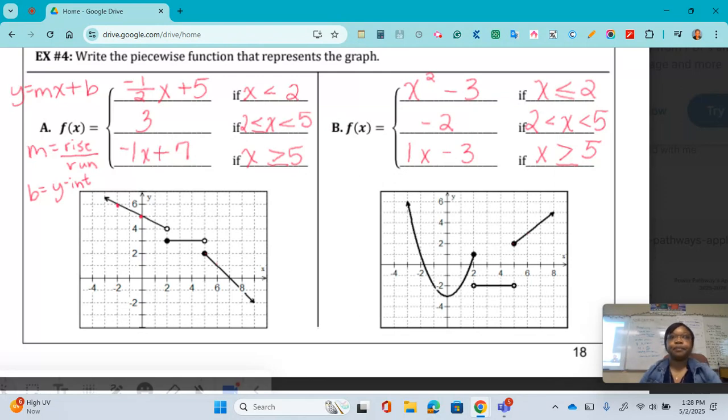Any questions? So you have equations. You have to evaluate the piecewise equations. You have to create the equations of graphs, and you have to create graphs from equations. So does everyone have this first part?